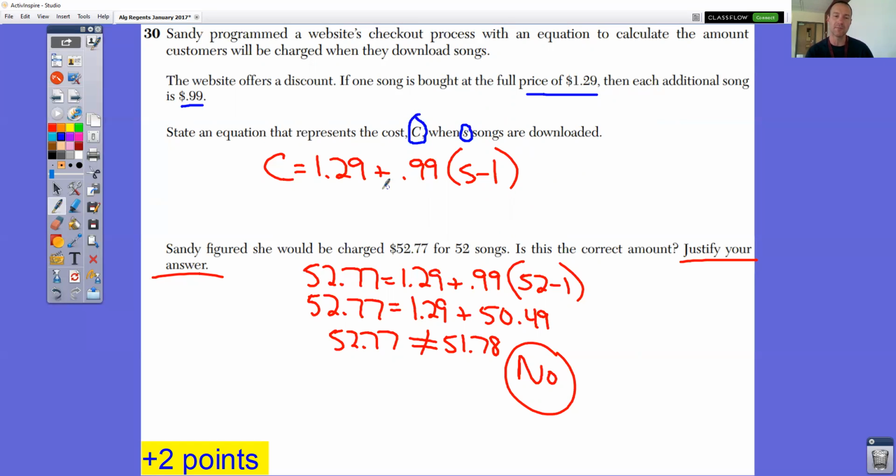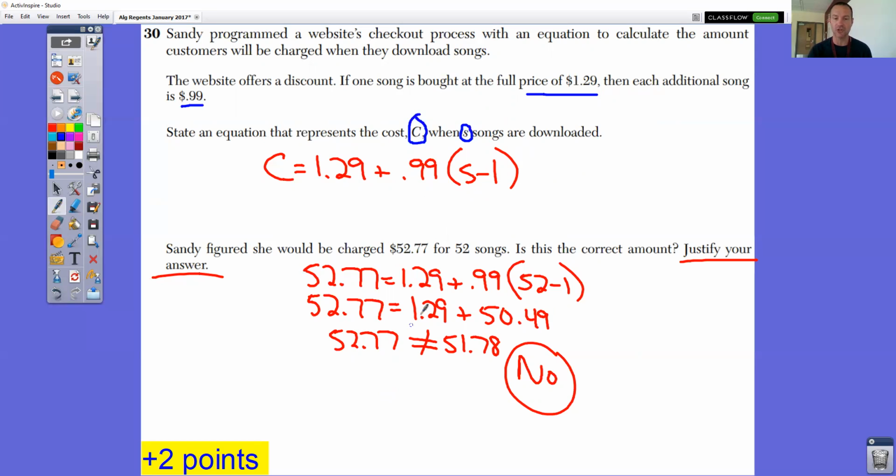Why is it minus 1? Because for the first song, you're paying $1.29. So let's say that you're buying 5 songs. Well, you really want this 99 cents. You're paying for 4 of them and paying 1 with the $1.29. So that's why you have to do the S minus 1. That's the tricky part because of that $1.29 for the first song.